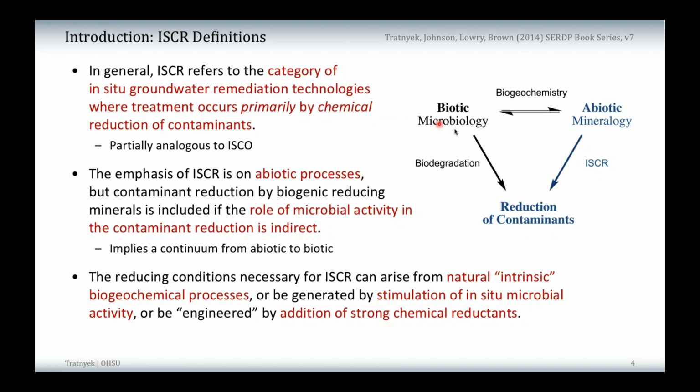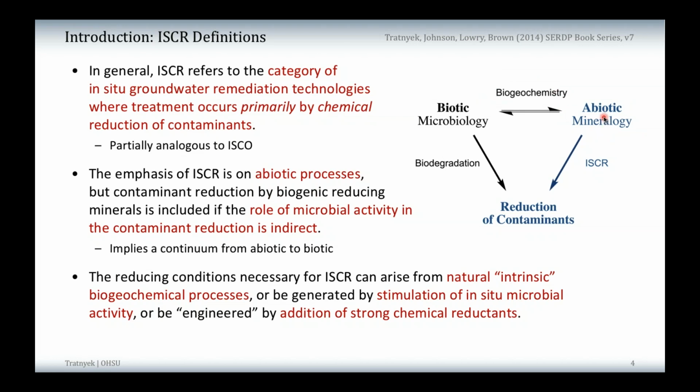because that's really the key element that defines the boundary between biodegradation, direct microbiological degradation of contaminants, and what we are concerned with in ISCR, which is abiotic degradation by reducing materials, say mineral phases. But the second bullet here is to acknowledge the fact that most of these reducing mineral phases are generated by in-situ microbiology, so biogeochemistry.